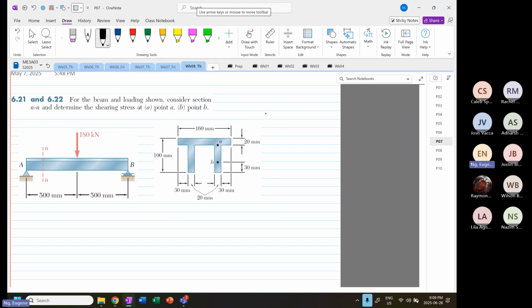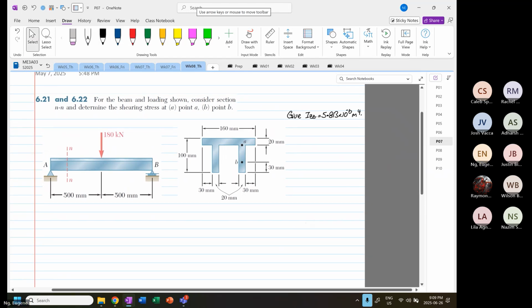So given also that IZZ is equal to 5.813 times 10 to the power minus 6 meter 4. Okay. So for the beam and loading shown, consider NN and determine the shear stresses at point A and point B.